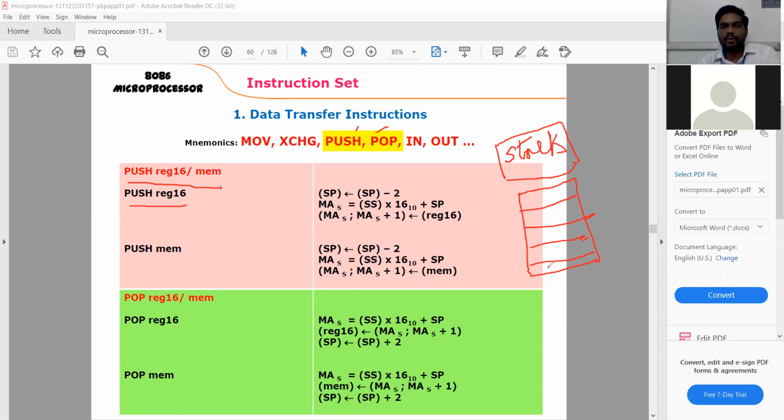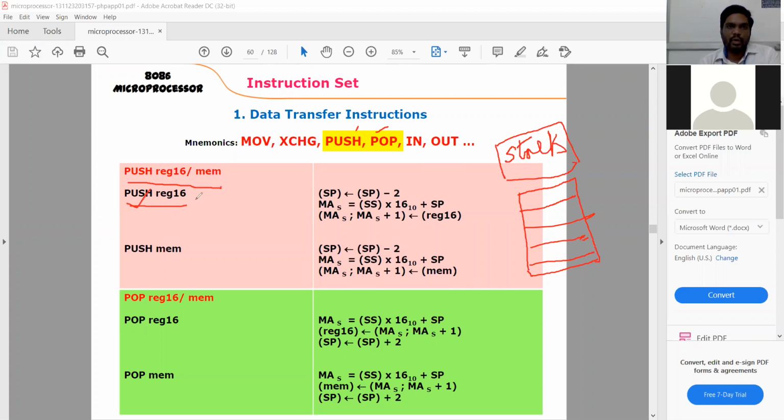Now, when you need to insert data into the stack segment, then we will use this push instruction.